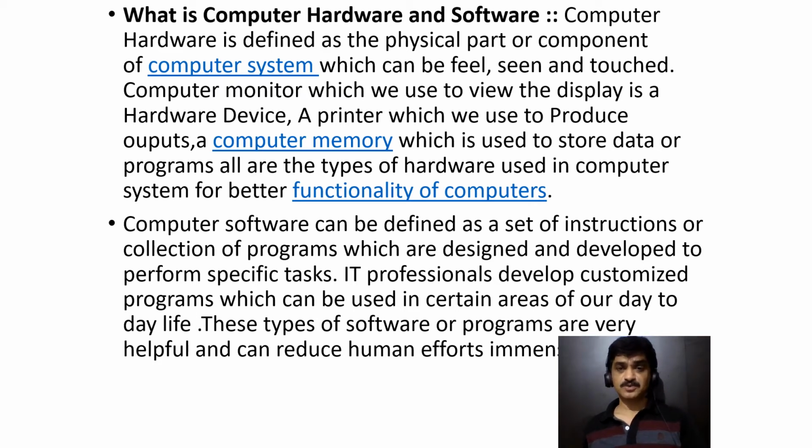Software is the set of programs developed by experts, customized programs or sets of instructions to perform specific tasks. Here hardware and software go hand in hand. Just by having hardware we are not able to operate the computer. If you have only software, we are not able to operate the computer. We need both to operate a computer so that we are able to get the desired output.